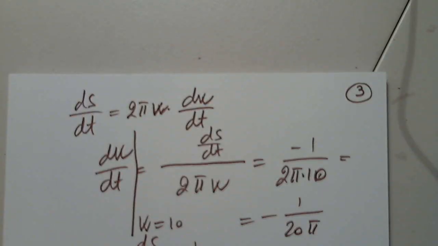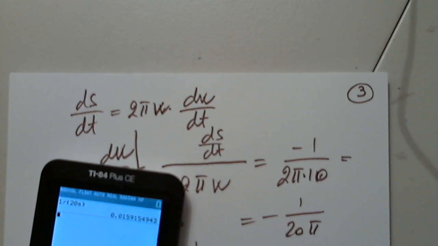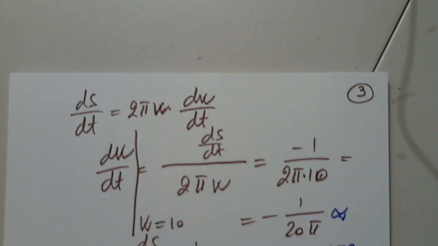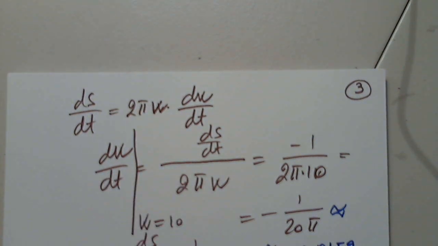So then we get approximately -0.0159. Measurement unit, please. Centimeters per second. Yes, because it's a rate of change of distance with respect to time. Centimeter per minute. It was minute, right? Yeah. And that's it. That's final.